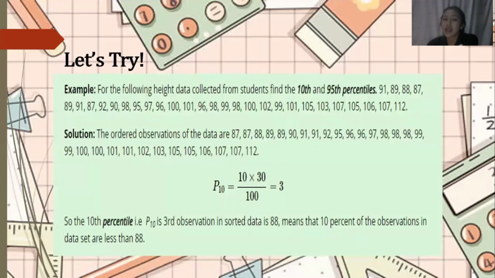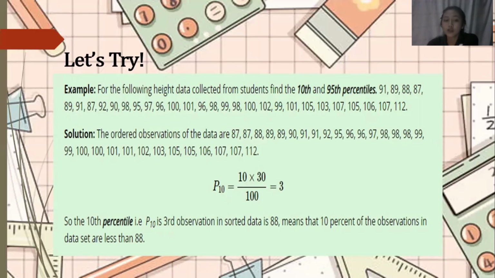So, 10 times 30 is equal to 300. Then, divide mo siya sa 100 because we're on the percentile. So, all data should be divided by 100. Okay? So, 300 divided by 100 po is equal to 3.